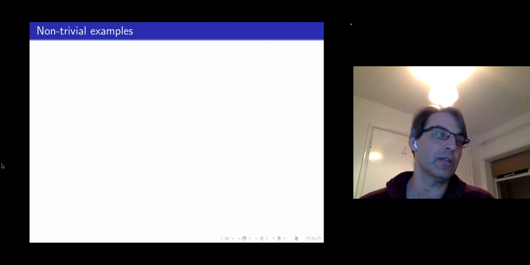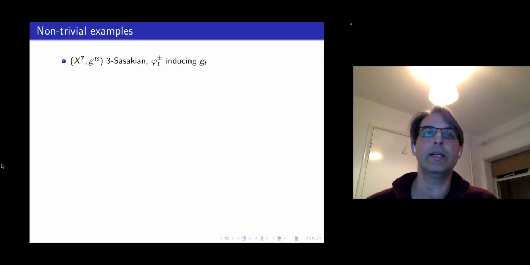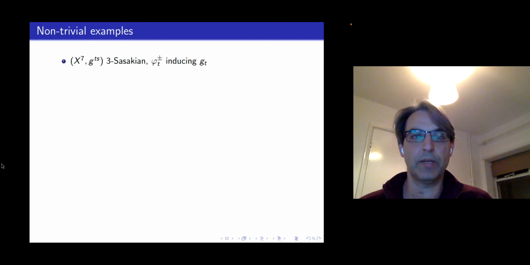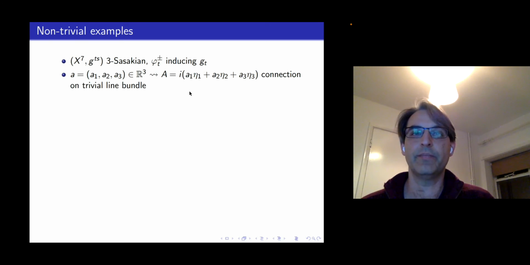So here is the main result of this sequence of talks. It says if you have the setup in the previous slide, so you have a 3 Sasakian 7 manifold, and you have your G2 structures phi t plus or minus, inducing this one parameter family of metrics GT, and you choose a coordinate A on R3, and you define a connection, capital A, on the trivial line bundle over X7.